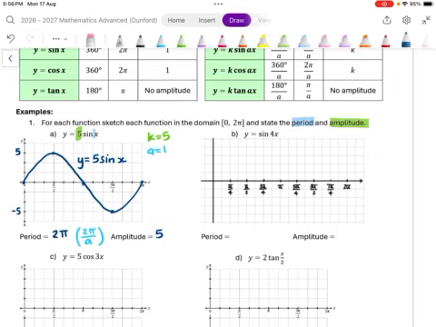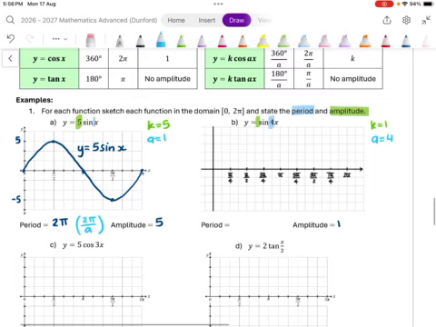Okay, looking at B. With B, what we have is y equals sine 4x. Now, our amplitude is pretty straightforward here. We have that k equals 1, so that means that our amplitude is going to equal 1. But with our period, what we have is a 4 for our a value. So a equals 4.